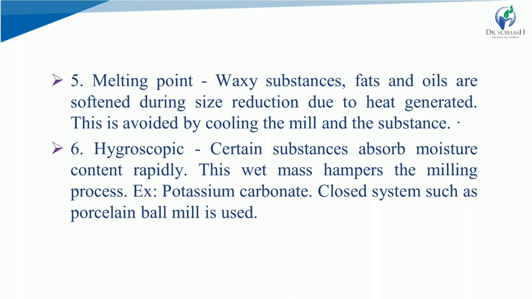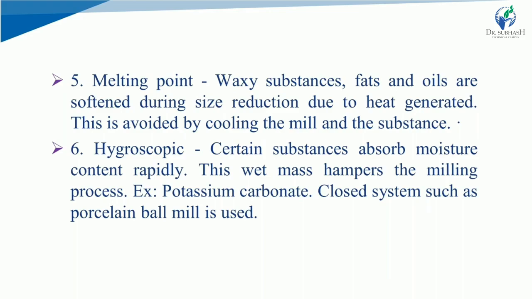Hygroscopic. Certain substances absorb moisture content rapidly. This wet mass hampers the milling process. Example, potassium carbonate. Closed systems such as porcelain ball mill are used. So, you have to be very careful while using hygroscopic materials, APIs or excipients. Why?